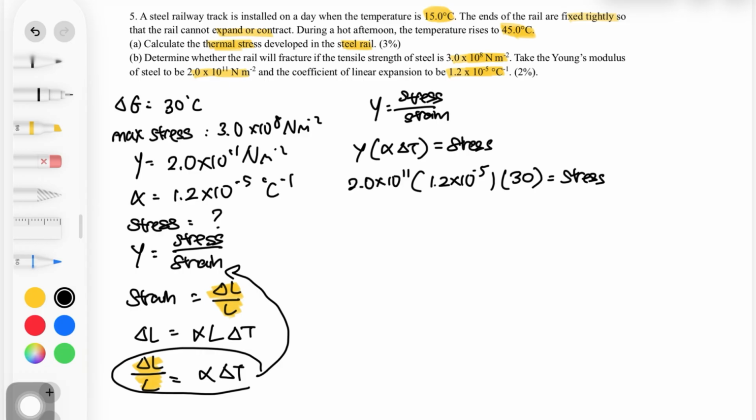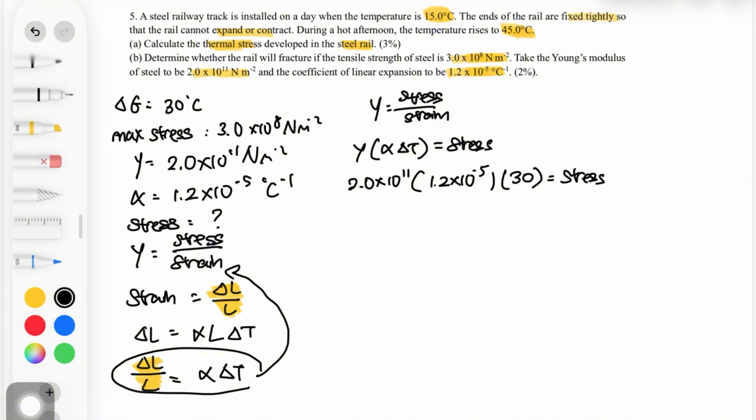Okay, so let me calculate using the formula. 2 times 10 to the power of 11, times 1.2 times 10 to the power of -5, times 30.